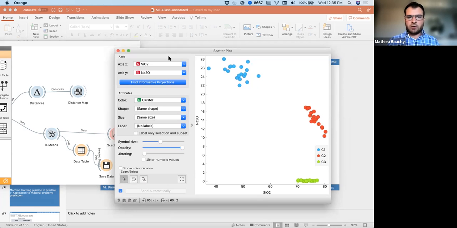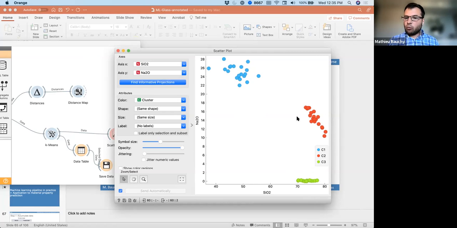So for example, one category of those glasses would be some window glasses, right? Those glasses are all aluminosilicate, so all of them contain some aluminum, some silica, some sodium, and some calcium. But roughly, there are 3 main groups of glasses, at least in this data set.